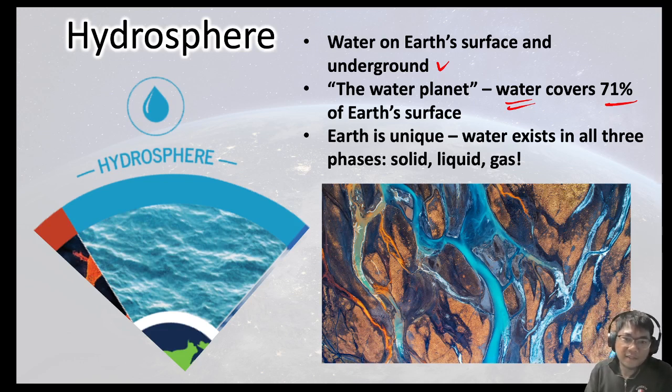We have the solid phase, and we're going to be talking about that in a minute. And then we also have the liquid phase, the liquid water that flows in the river, or we have it in the ocean, as well as lakes. And we already talked about water vapor in the atmosphere, which is something that I talked about in a previous video.